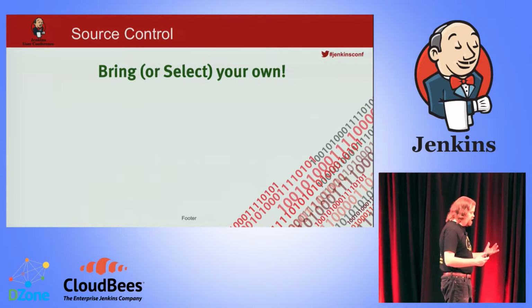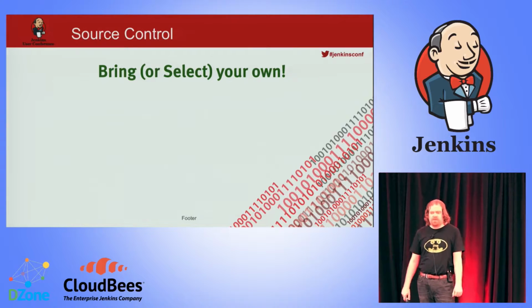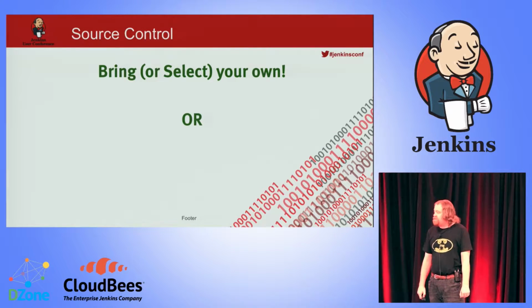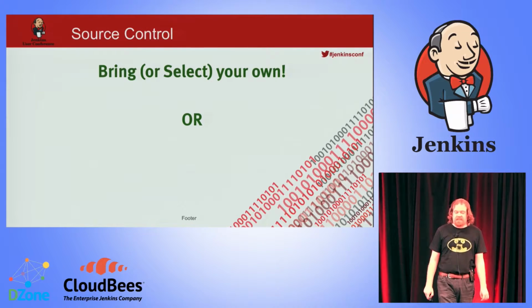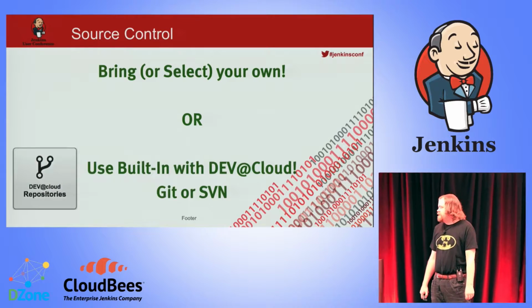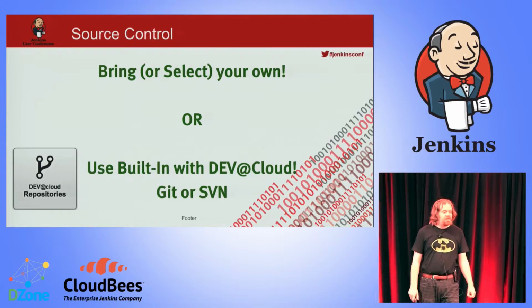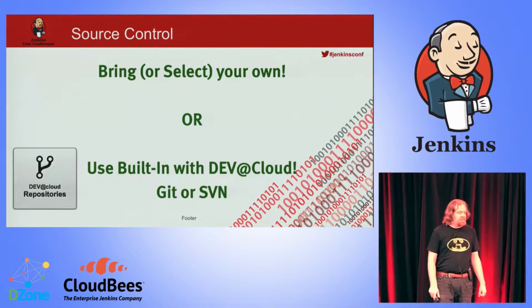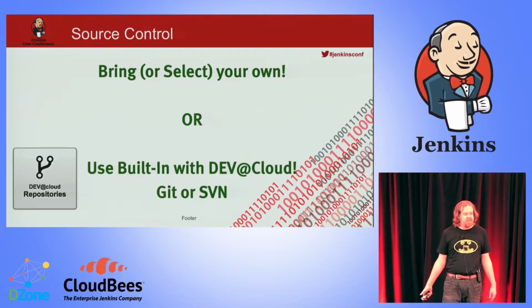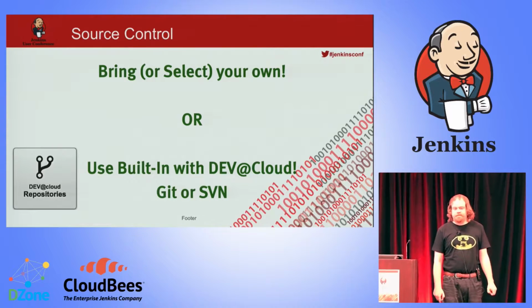Well, the reality is there are lots of really great cloud services for source control. But I'm here talking about the Jenkins DEVcloud and how that works with JFrog's products. So I'm going to suggest that you can just use the Git repository that comes with DEVcloud. It works with the Git client quite nicely. And that's what I decided to do for this demo.